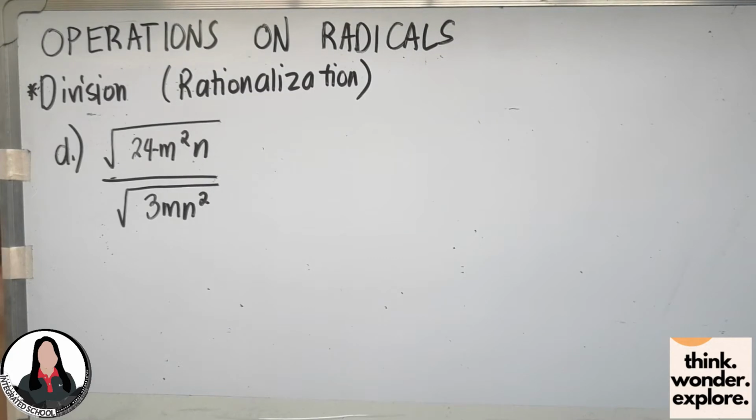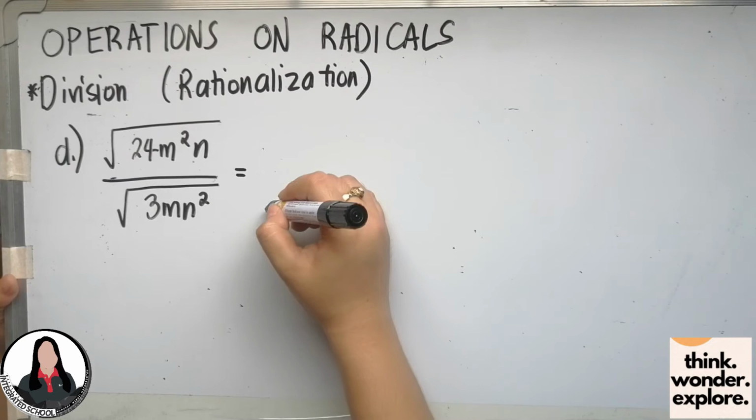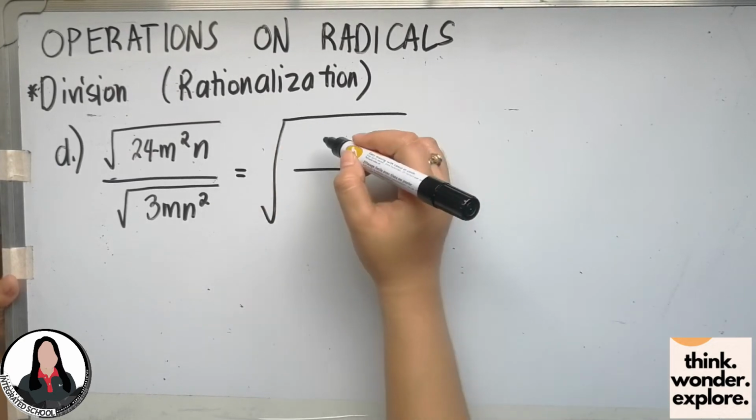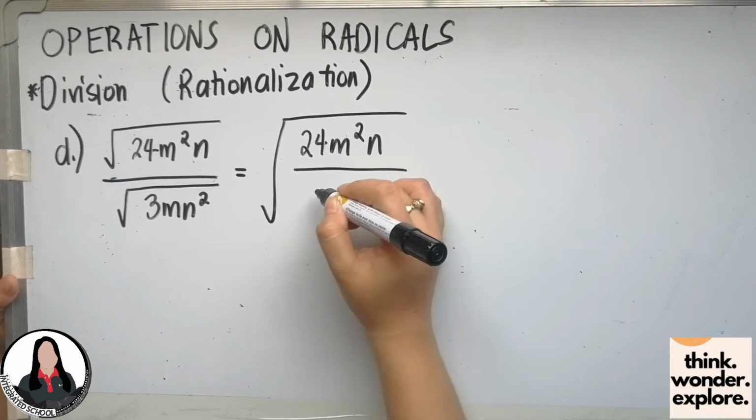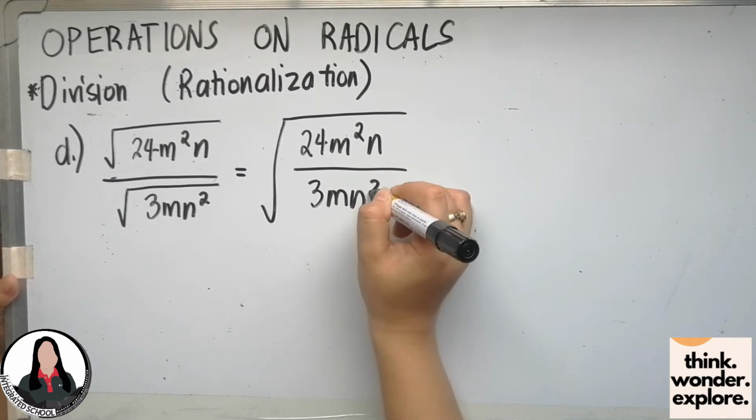Another example under rationalization is the square root of 24m squared n all over the square root of 3mn squared. Let us put it sa isang radical expression. We have the square root of 24m squared n over 3mn squared.